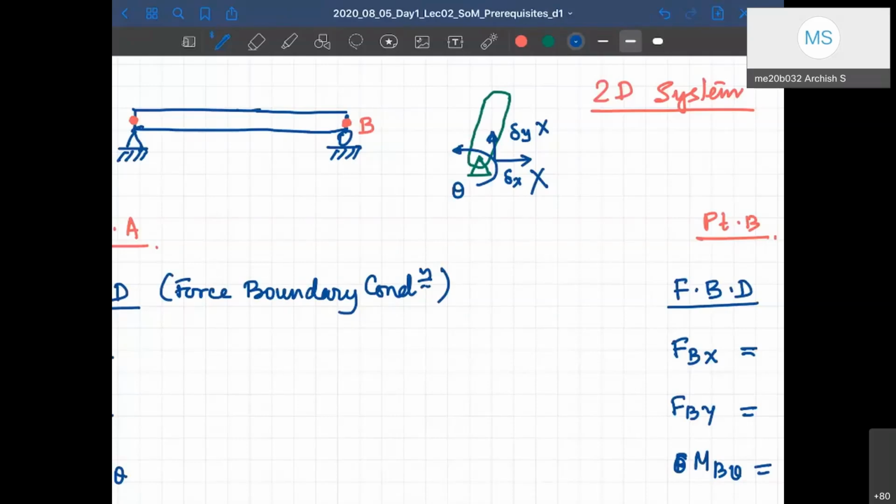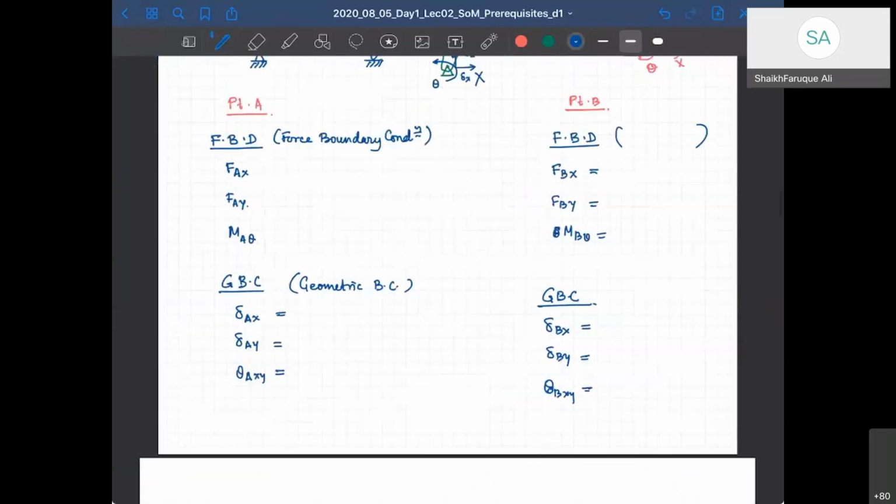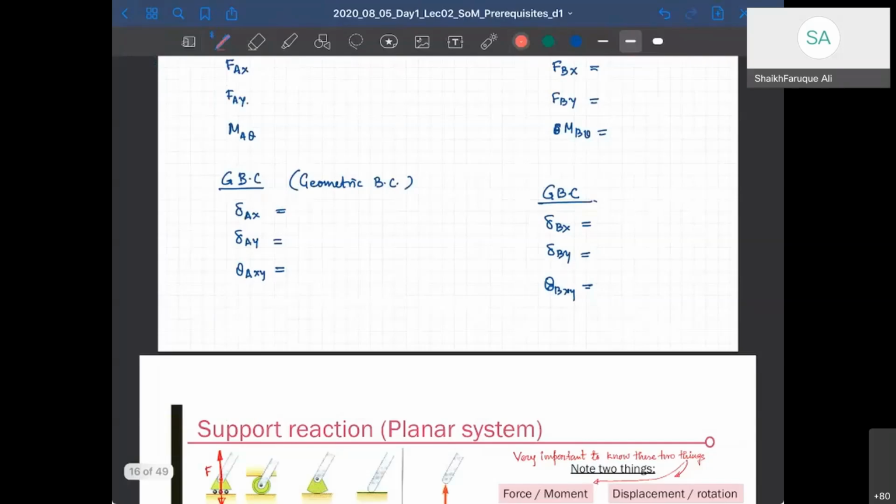You give a slight moment, it will start rotating, right? Someone please answer yes or no. Yes, sir. Good. So I know the boundary conditions then. So I know delta x at A is going to be 0, delta y is going to be 0. These are all known. This is not known.